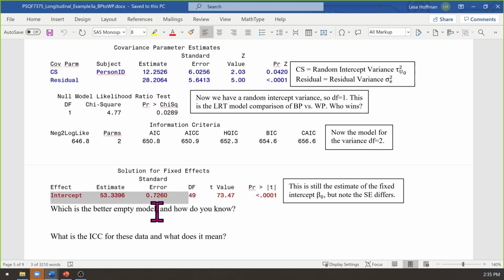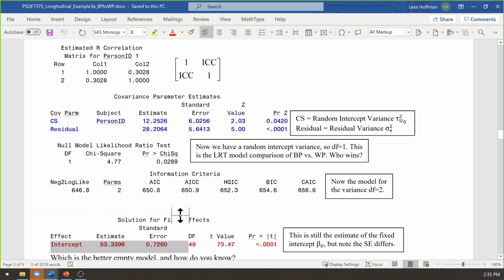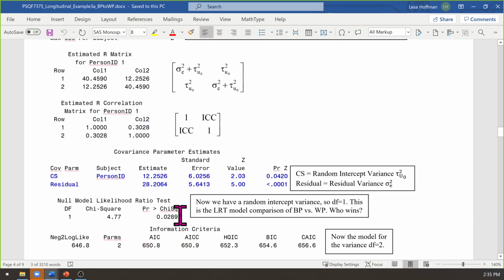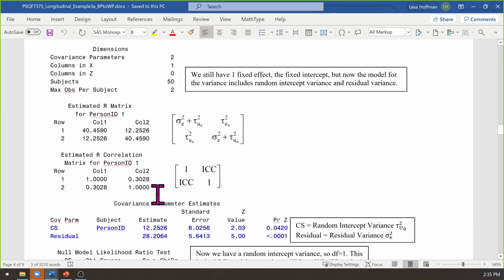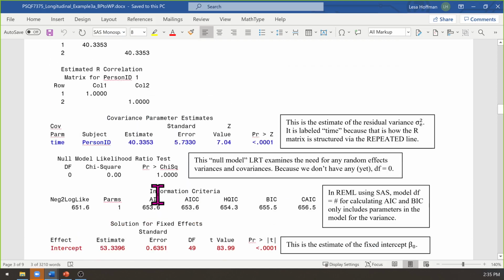Okay, so the R matrix for the base model, where we just had one error term, right? So the variance in the diagonal in that one, was that the residual variance, like the overall variance? Yeah, this one, 7.3334.